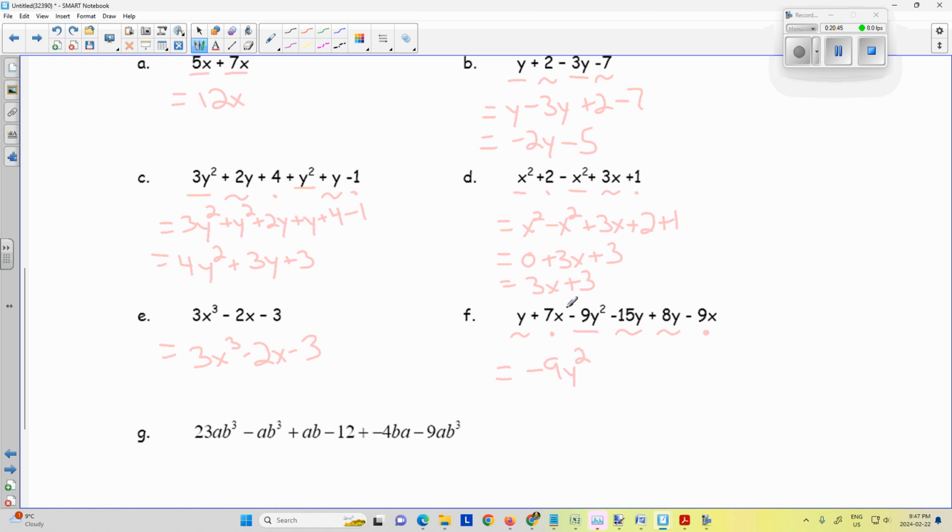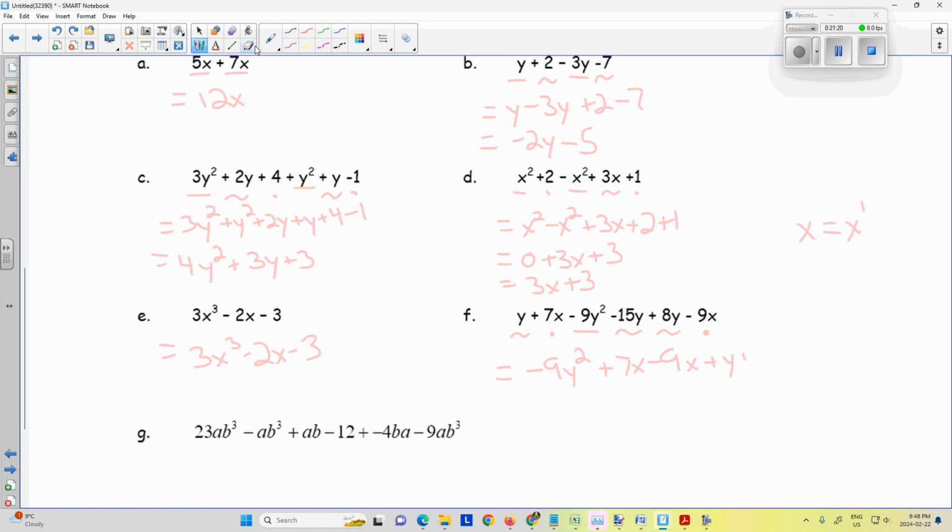And then I got to think about which one I want to do next. They both have an exponent of 1, right? Because we know that x is really x to the exponent 1. They both have an exponent 1, but I've got x's and y's left. I actually want to do them alphabetically. So now I want to do my x's. So I'm going to have my plus 7x minus 9x plus y.